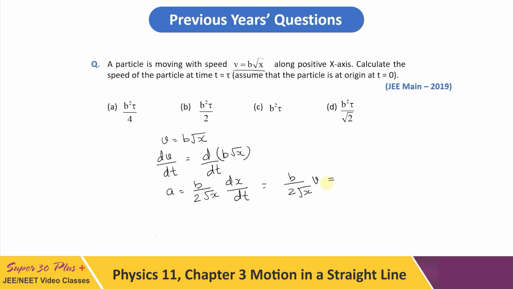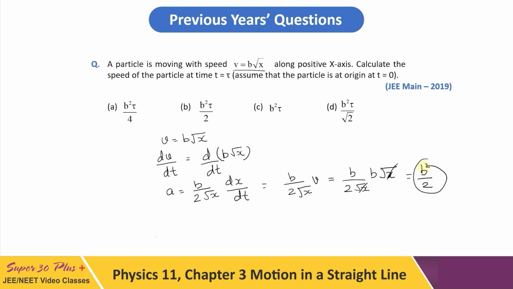Now if we substitute value of v, then we will get b upon 2 root x and v is given as b root x. So substitute this value here. These two got cancelled. That will give b square upon 2. Now since acceleration is constant, it has value b square by 2.